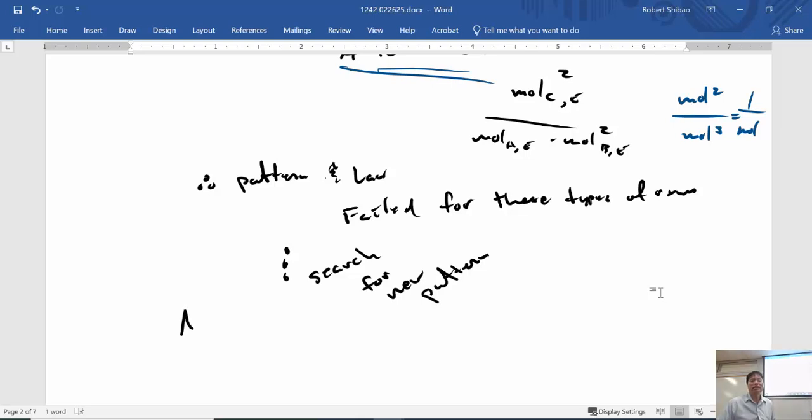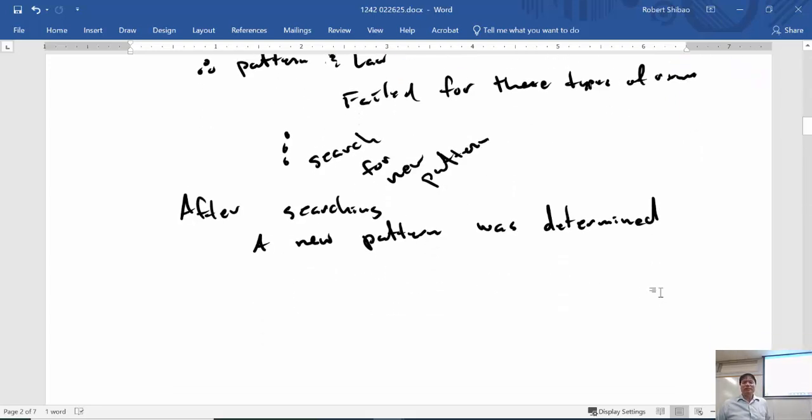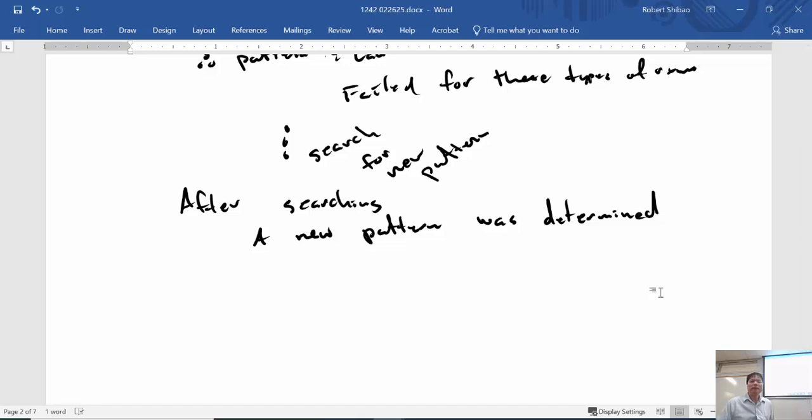But after searching, a new pattern was found. And this new pattern was determined to be this.